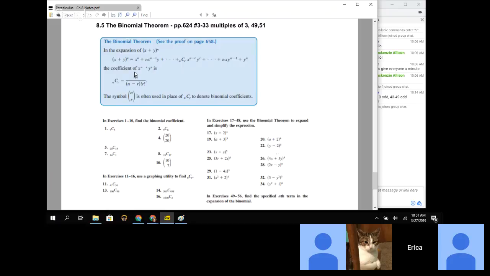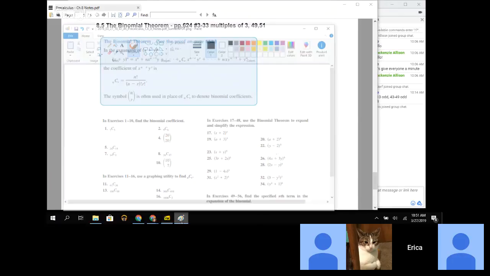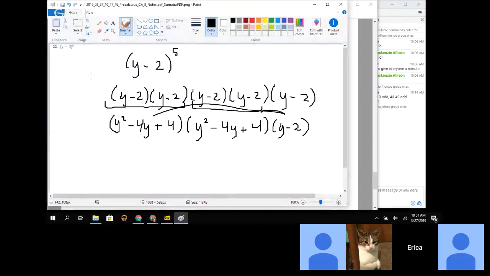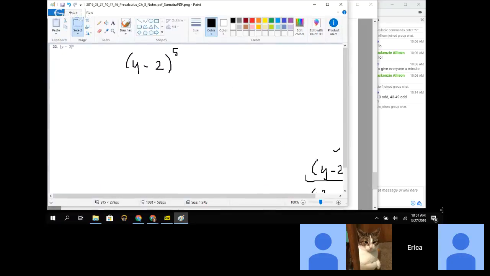Okay, so what this would look like for this particular problem is we're going to take that away. And what it looks like, and we'll practice more of this on Monday, is that you're going to do this.